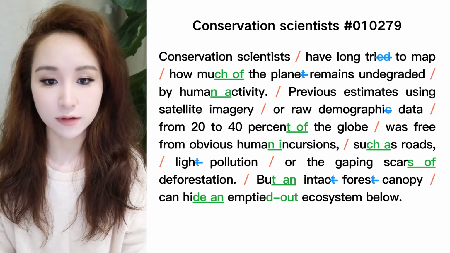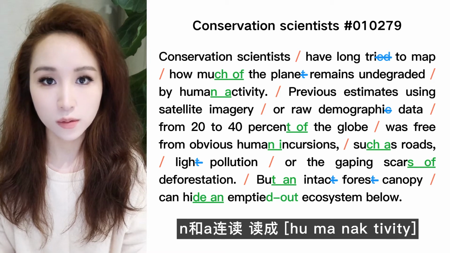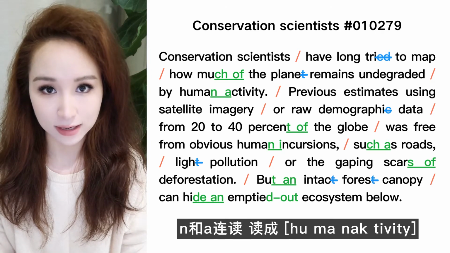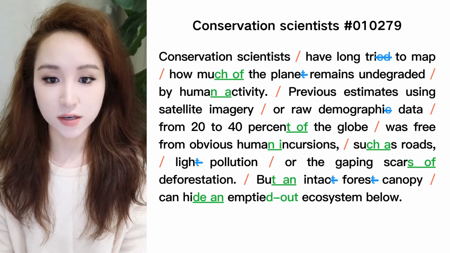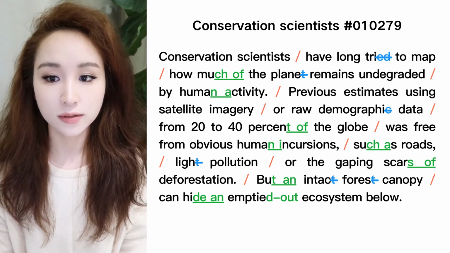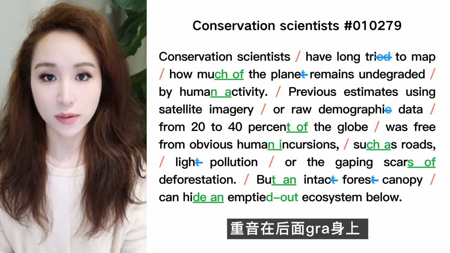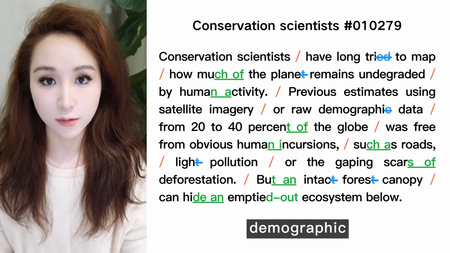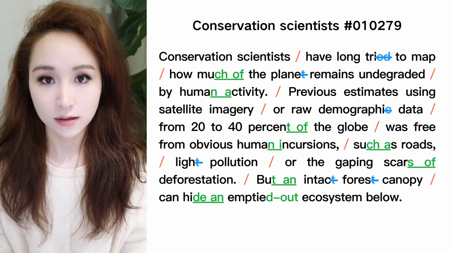By human activity: the "n" and "a" link in human activity. By human activity. Previous estimates using satellite imagery or raw demographic data. Demographic: the stress is on "gra". Demographic and data link, the "k" is not pronounced.